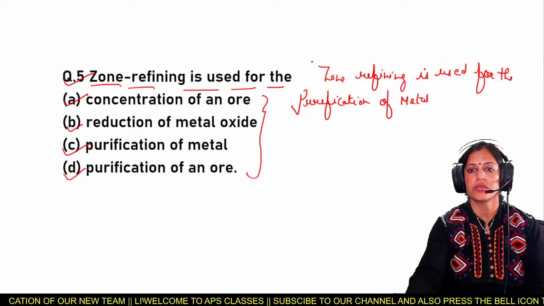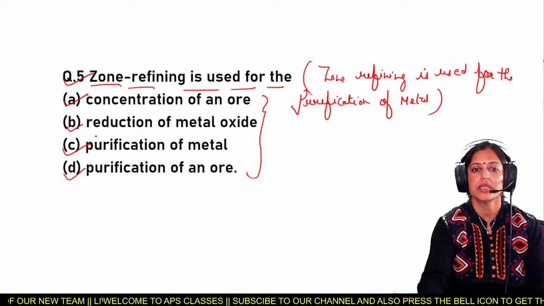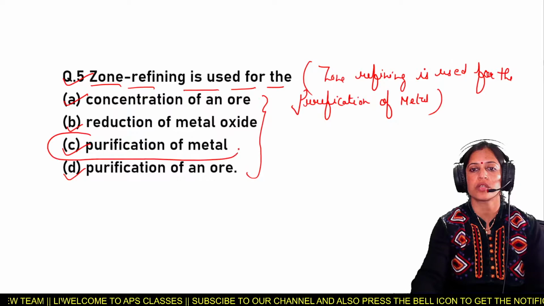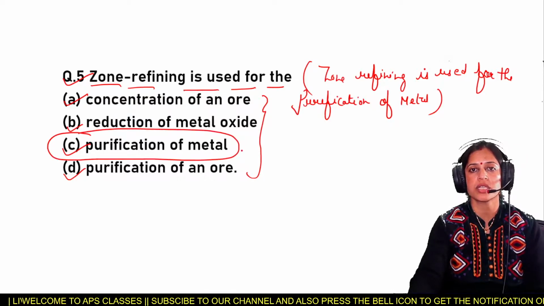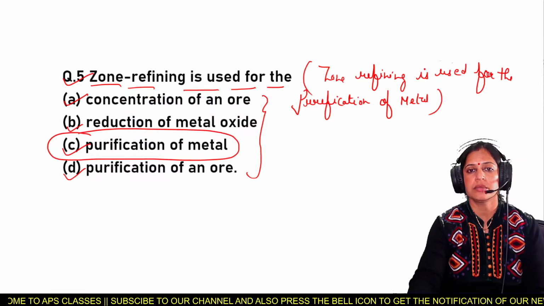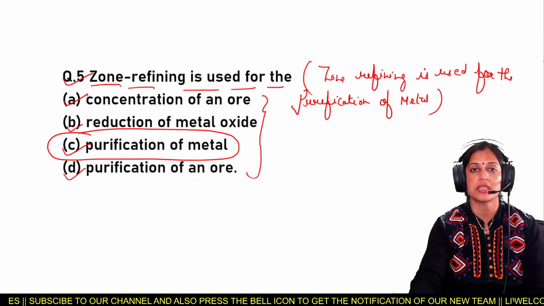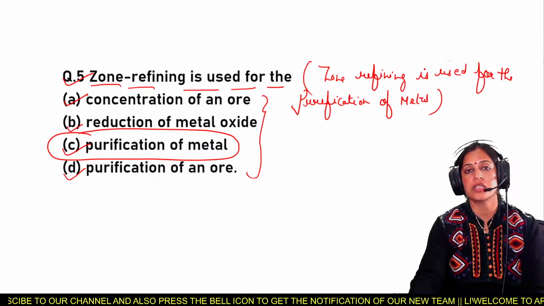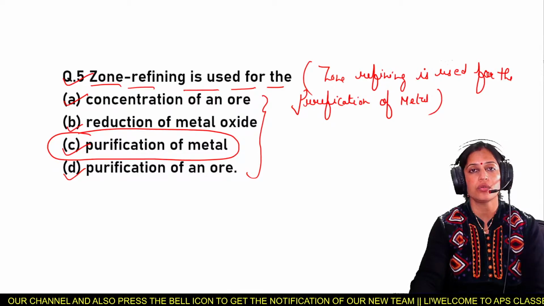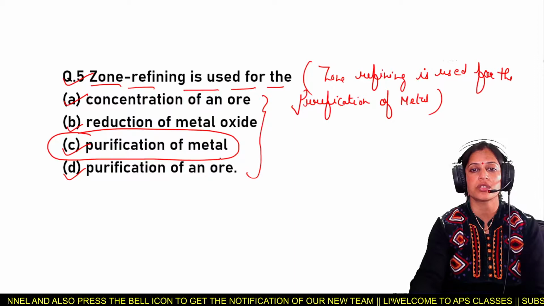So this is the right answer for question number 5. It is not used for the concentration of the ore, not for the reduction of the metal oxide, and not for the purification of the ore, but only for the purification of the metal.